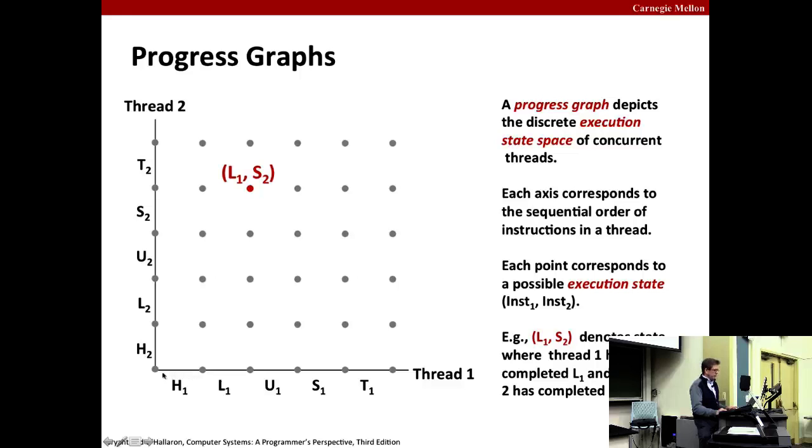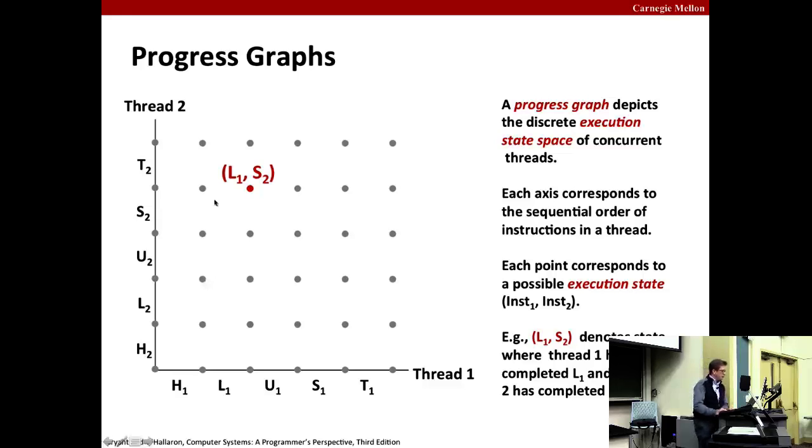We start out in an initial state, and the first thing we execute is H1. That's represented by this arc here. This point represents the state where we've finished executing H1 in thread 1, but we haven't yet executed any instructions in thread 2.